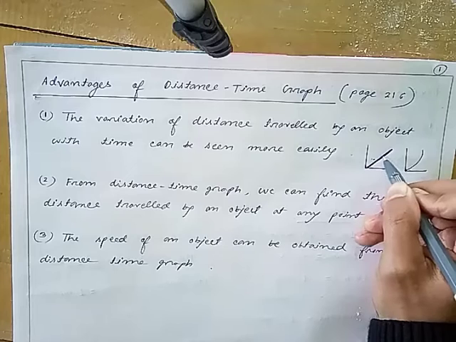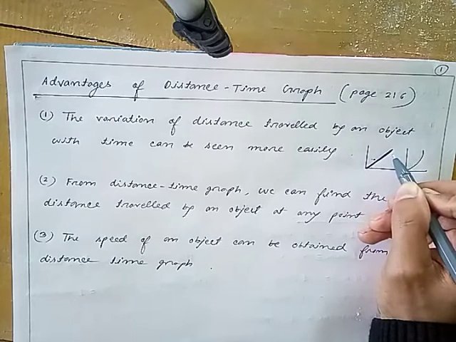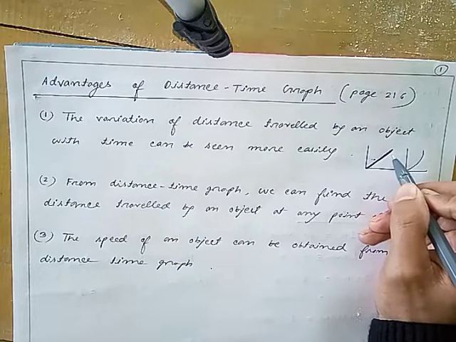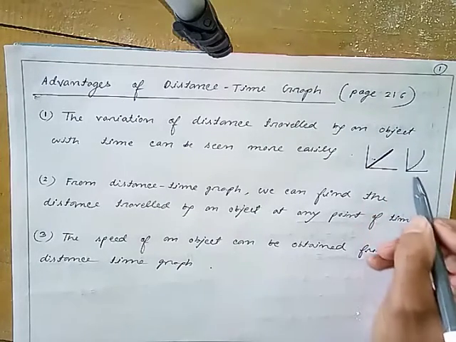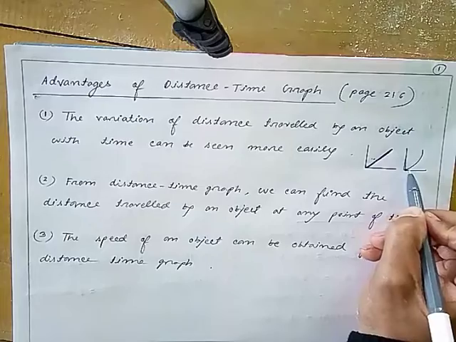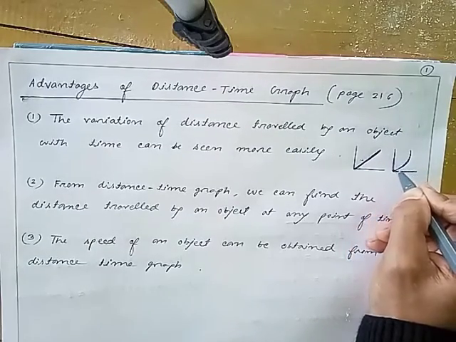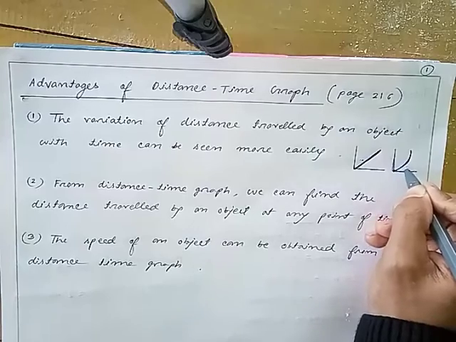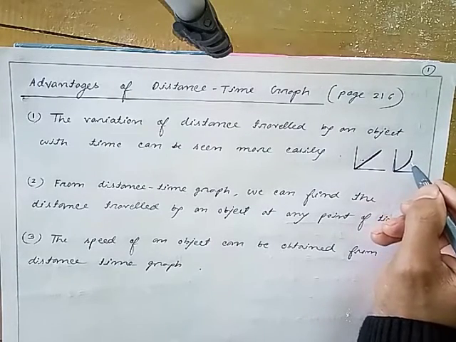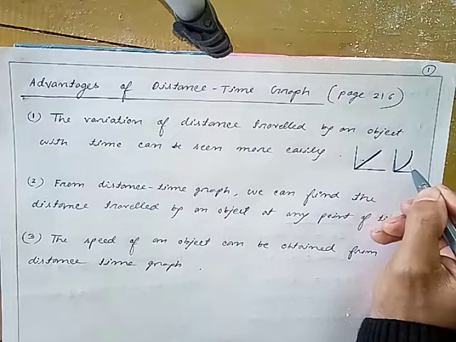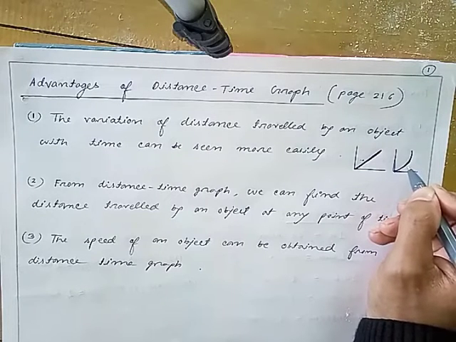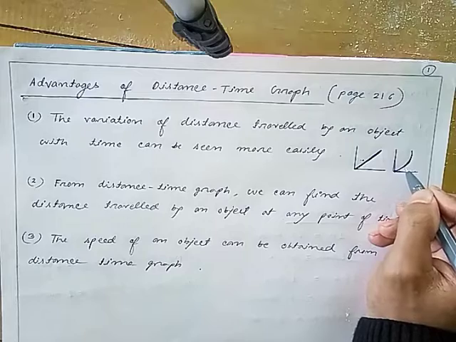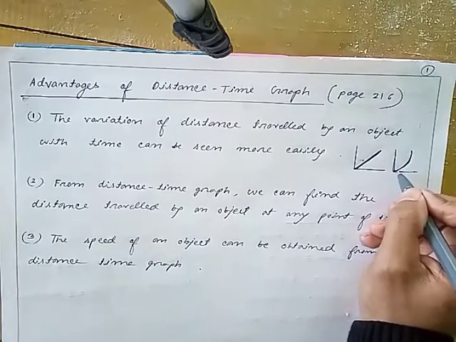That means the object is traveling equal distances in equal intervals of time. But if you look at this graph, it is not a straight line. So again from this graph we can clearly say that this object is moving with non-uniform motion.